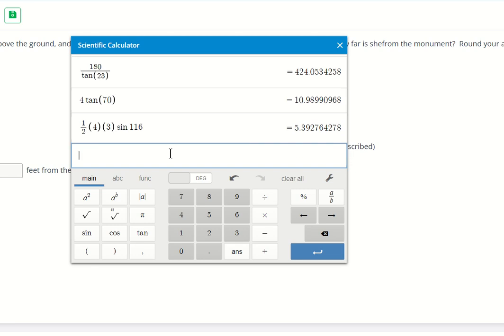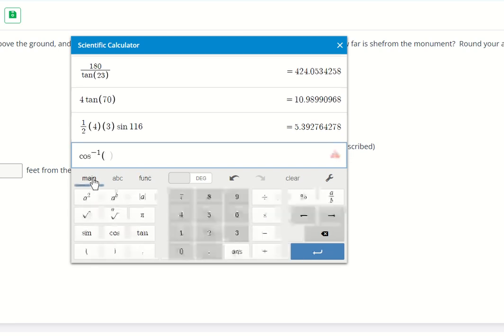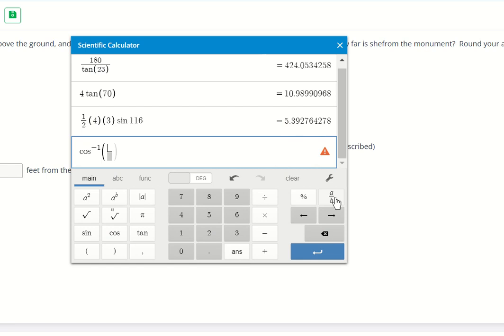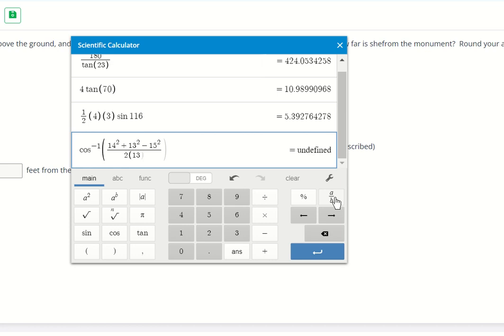So we have inverse cosine of our 14 squared plus 13 squared minus 15 squared all over 2 times 13, 14. It doesn't matter really, but let's be consistent.